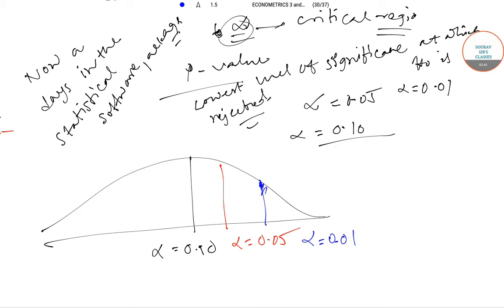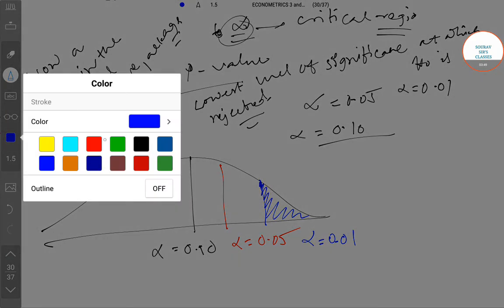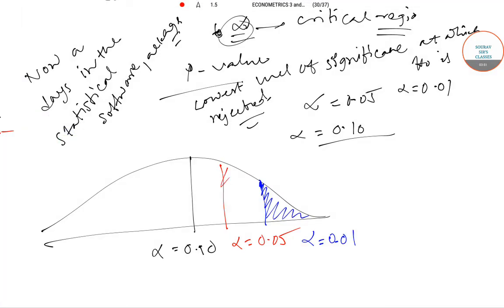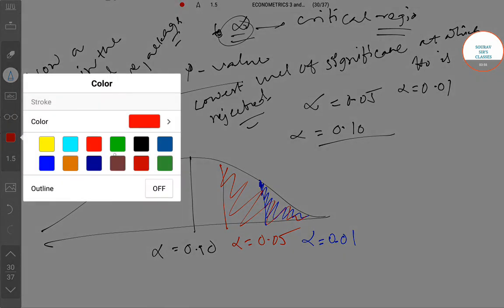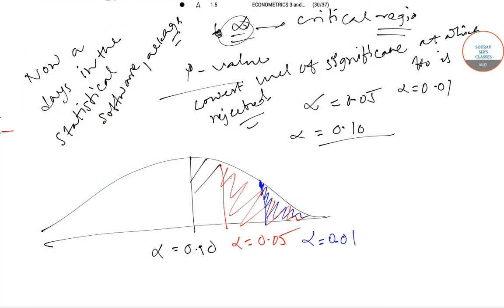So this is the critical region for alpha 0.01. For 0.05, this entire region is the critical region, and for 0.10, this entire part is the critical region.